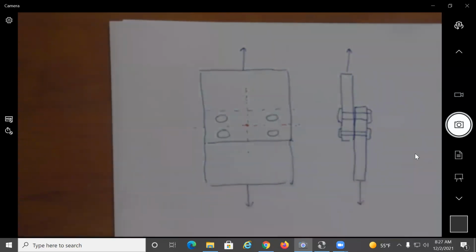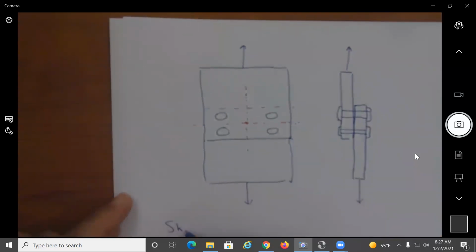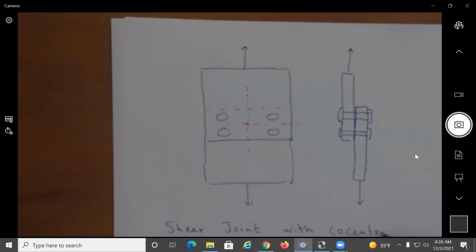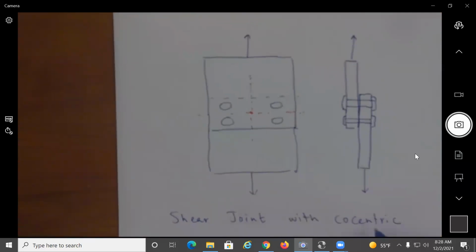So what I'm looking at right here is a shear joint with concentric force.